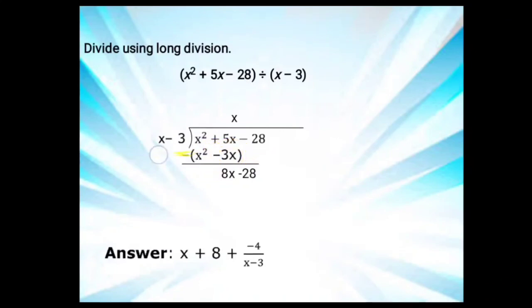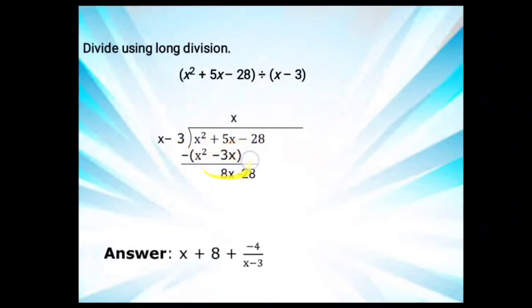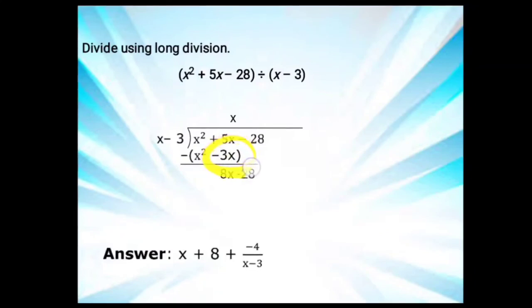Then proceed to subtraction. x squared minus x squared is 0. Then 5x minus negative 3x: keep, change. 5x plus positive 3x is positive 8x. Then bring down negative 28.